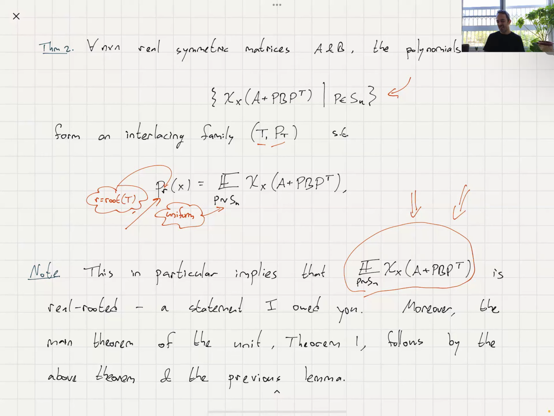Or you can, unless I'm mistaken, also understand this polynomial, but maybe I'm slightly being inaccurate here, as the matching polynomial. It's some polynomial which is known to be real-rooted. But maybe there is a variant to that. Okay, so anyhow, once we prove theorem 2, we actually prove that this polynomial is real-rooted. And it immediately also implies theorem 1, right?